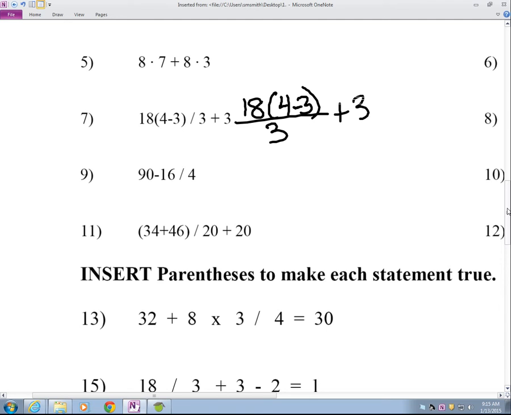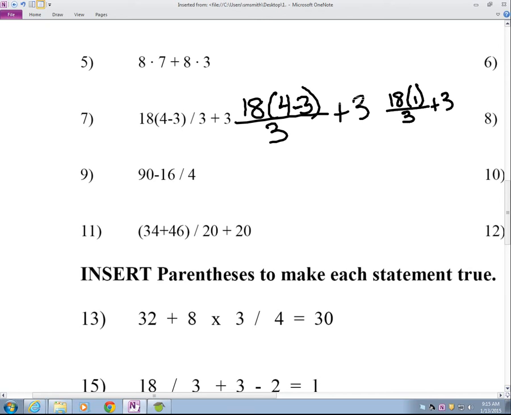So after we have the parentheses done, I'm going to rewrite it. So now we have 18, and what's 4 minus 3? 1. 18 times 1 over 3 plus 3. Okay? What's the next step? Do we have any exponents in there? No. So what's the next thing we have to do?